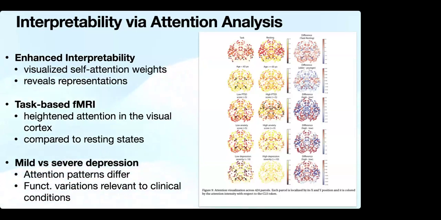And when it came to looking at mild versus severe depression, they saw that the attention patterns after visualizing their attention weights were differing. And they were finding these functional variations that were relevant to other clinical conditions and literature.